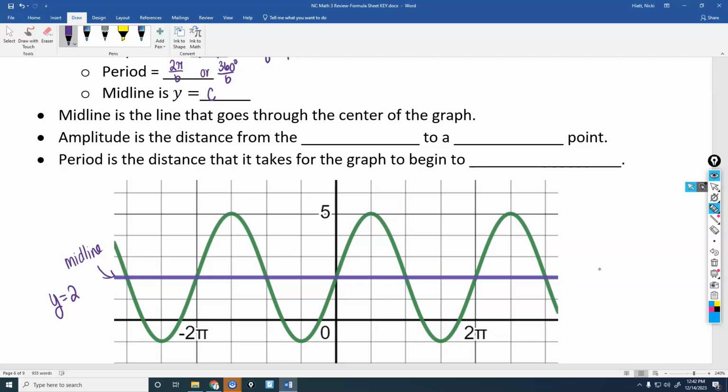The amplitude is the distance from the midline to a maximum point, or you could say minimum point, because it should be the same distance. So from that midline up to that maximum, that length right there is your amplitude.